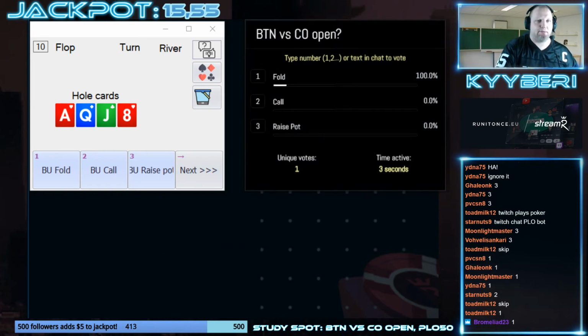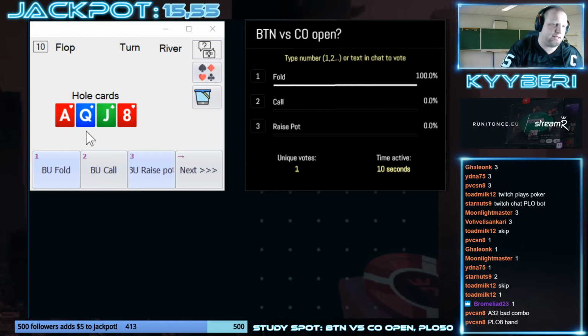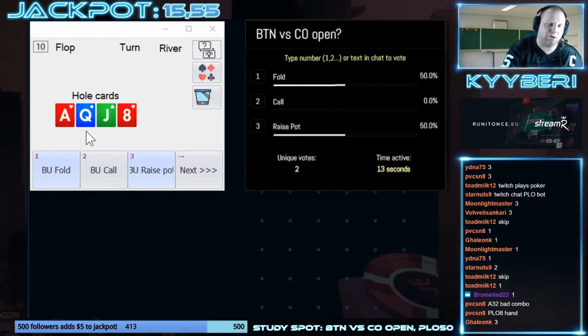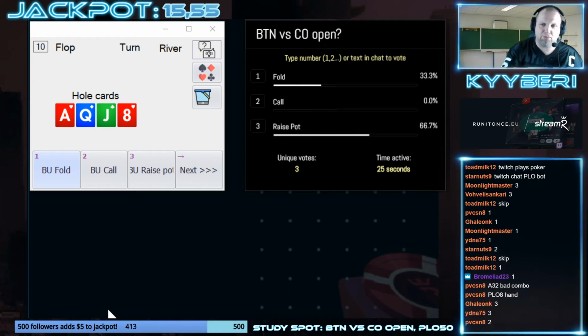Ace queen jack 8. Is it a 3-bet or not? That's the question. I mean, we 3-bet the same hand with 3 spades almost. Well, not almost. It has 10, but if we 3-bet ace 10 9 8, why wouldn't we 3-bet this one?